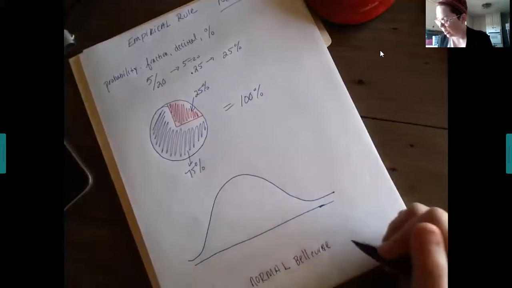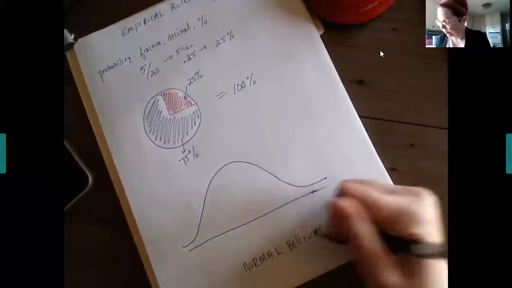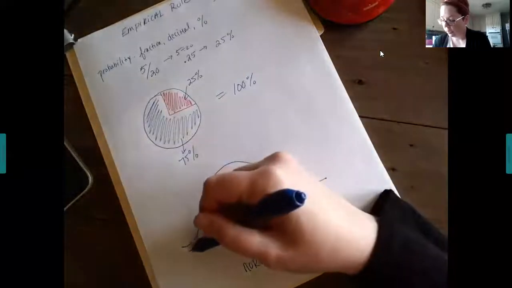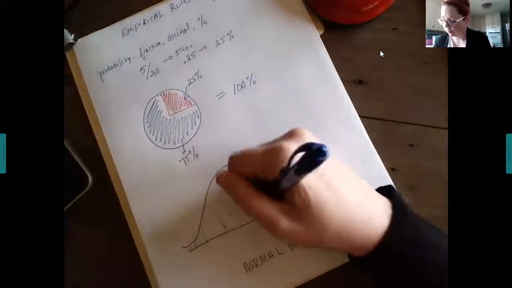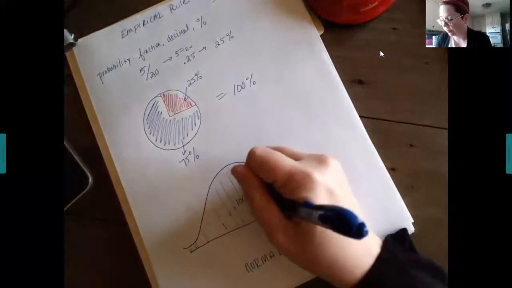Okay. So in a normal bell curve, just like this was 100%, all of this, not shading very well, all of this equals 100%.